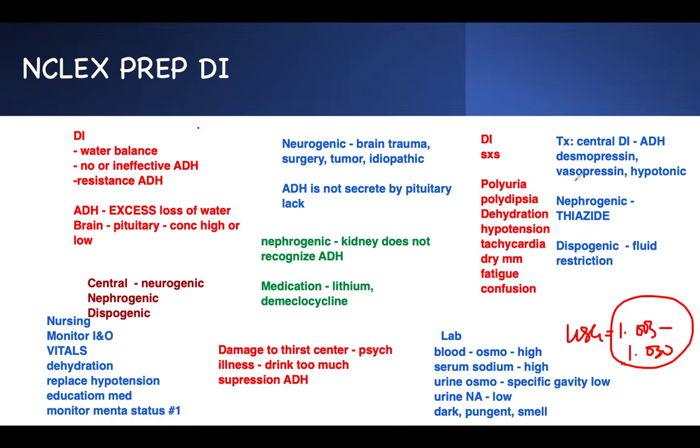You can give them D5W, which is just free water to dilute the sodium that is already high. Remember, their specific gravity is high and their serum sodium is high. So you give them D5W, or half normal, 0.45% normal saline.